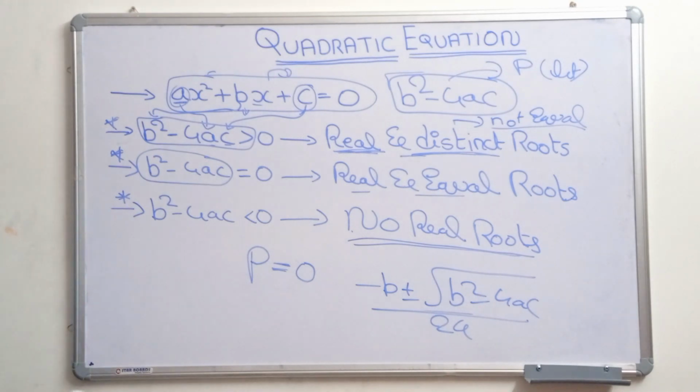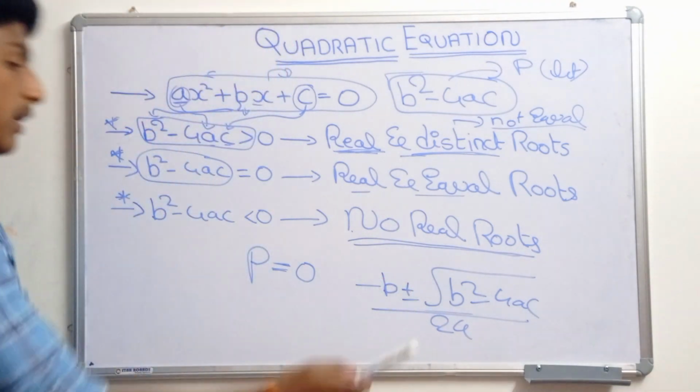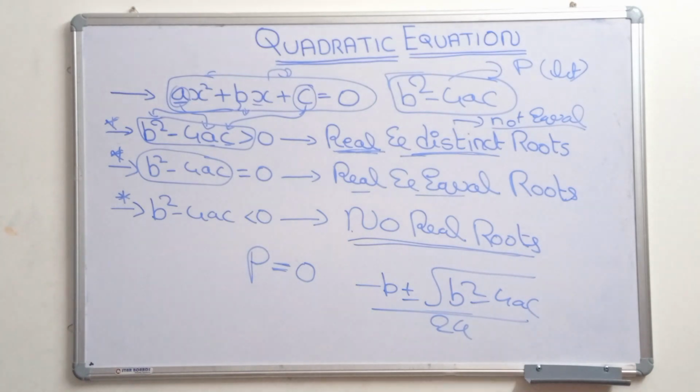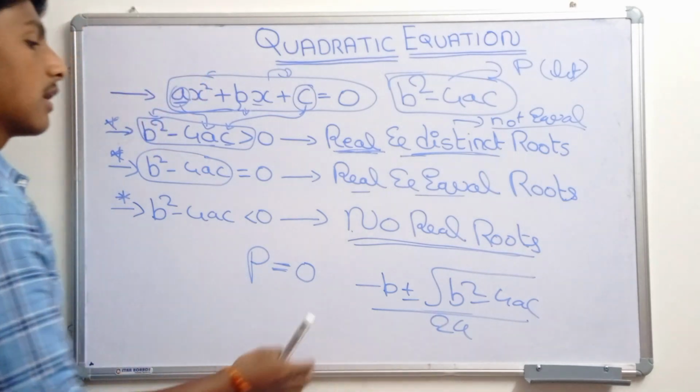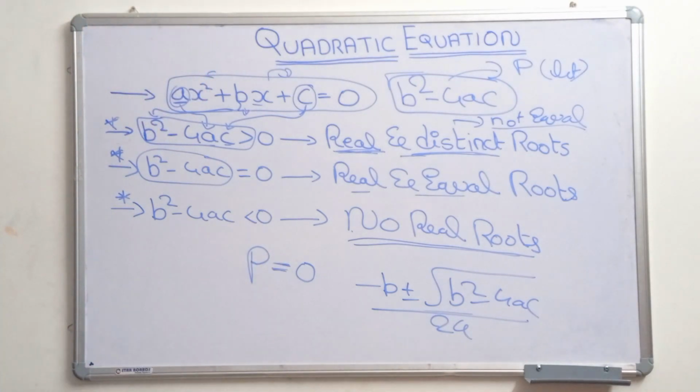It is a little lengthy process, but you'll get the accurate answer. When the roots are a little bit tough, go for this. When the roots are simple like 2 or 3, then you can go with that normal process, guys. Factorization method. This is the formula method. And the next method we are going to deal with is the completing the square method, guys.